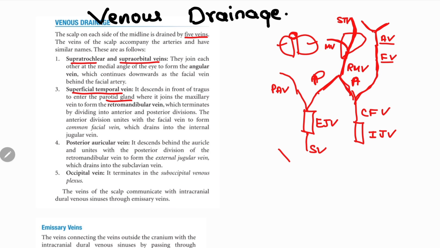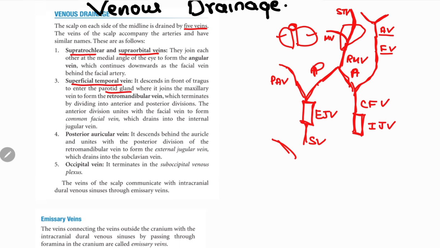Anterior joins facial vein to form common facial and then internal jugular. Posterior joins posterior auricular vein to form external jugular and subclavian vein, and another vein is the occipital vein.